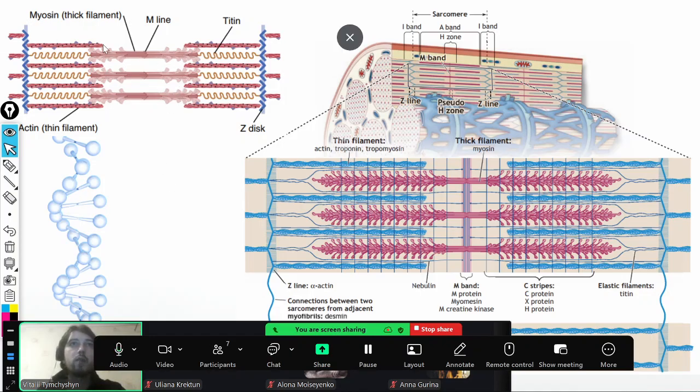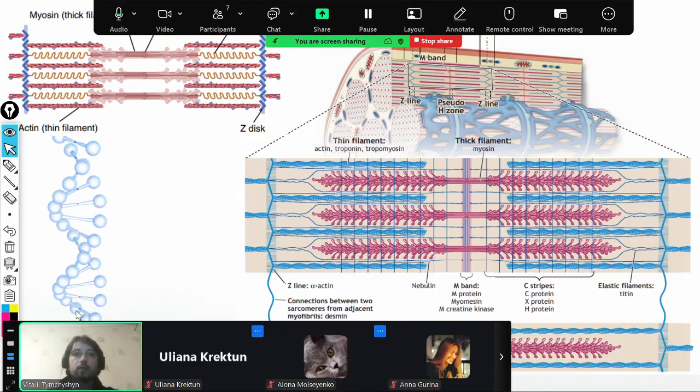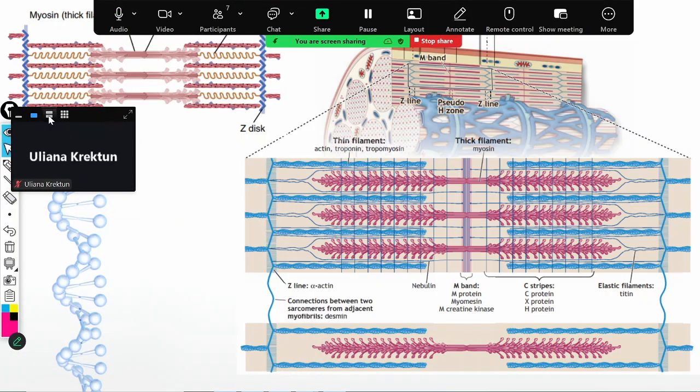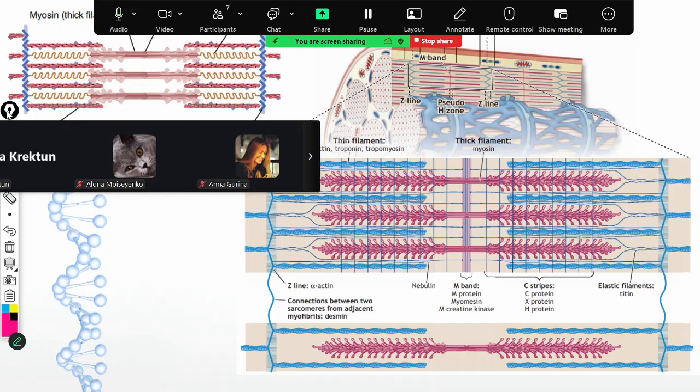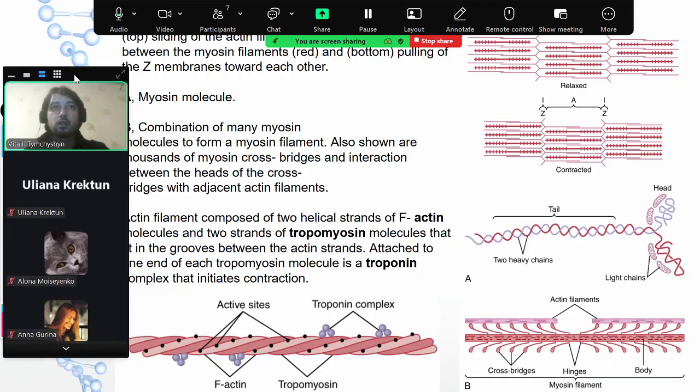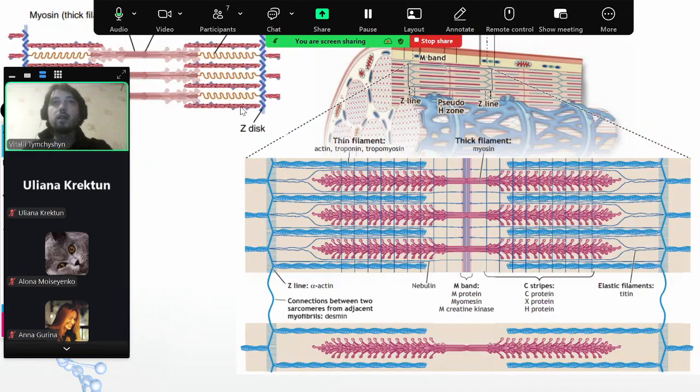Here you see the myosin or thick filament. Here you see thin filaments of actin. Here is titin. That's a springy protein that returns the filaments back to the positions where they were, and keeps them somewhere near the center.